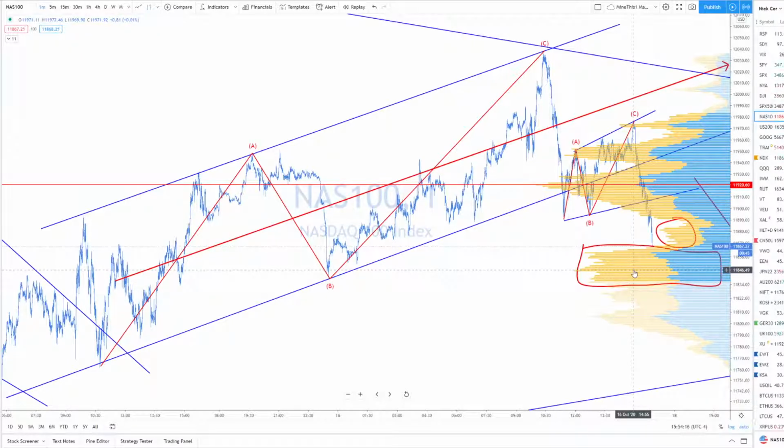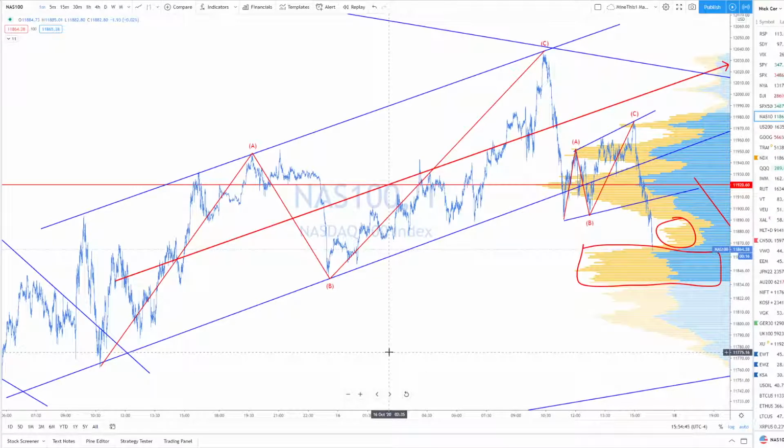There it is. Start taking profits. Don't be a dick for a tick. Don't be a pig. Magic, huh? Magic.